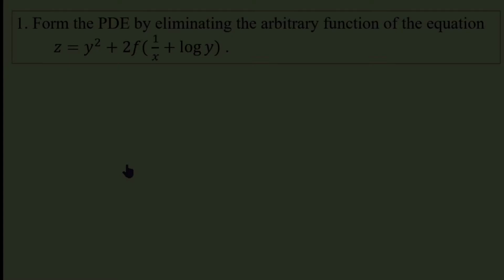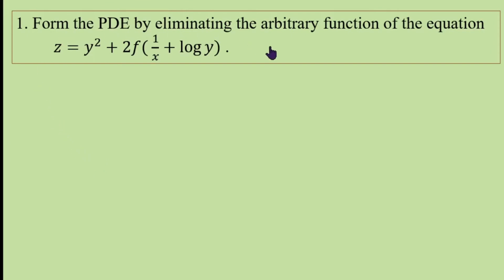Okay, example: form the PDE by eliminating the arbitrary function from the equation z equal to y square plus 2 times f of 1 by x plus log y. Now you can reduce this into the second form, that is u equal to f of v, because here only one arbitrary function is there, that is f of 1 by x plus log y.